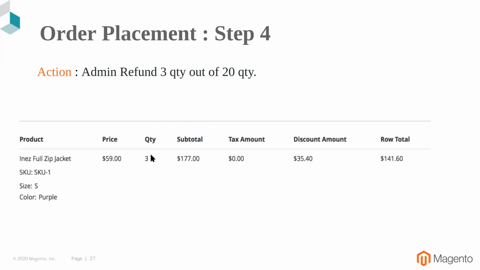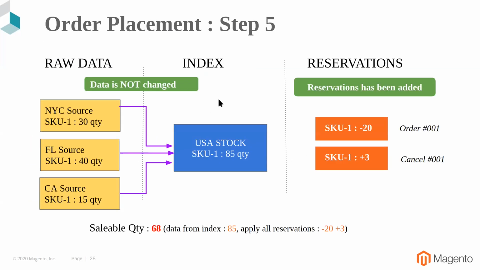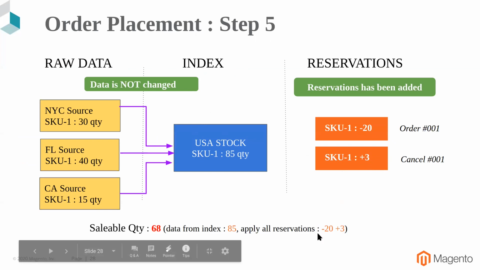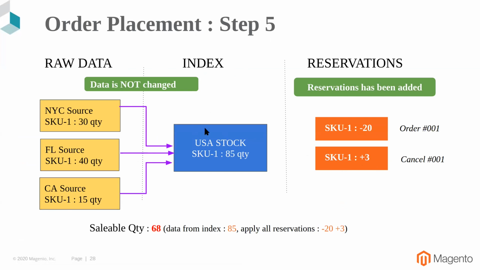So let's say the admin cancels 3 quantity out of 20, and in Magento a reservation is made as the admin cancels the order. Let's say 3 quantity is cancelled, and the data from stock and sources is still not updated.